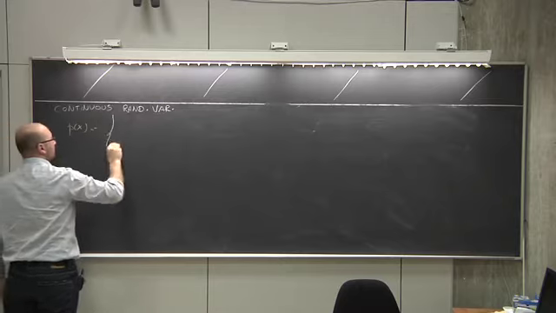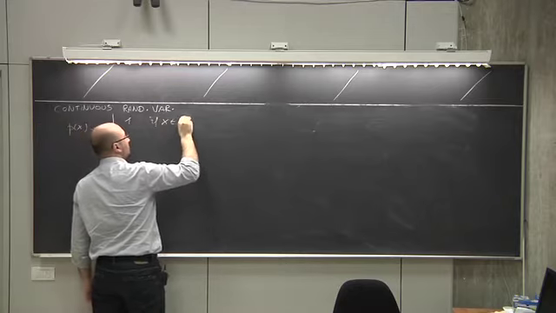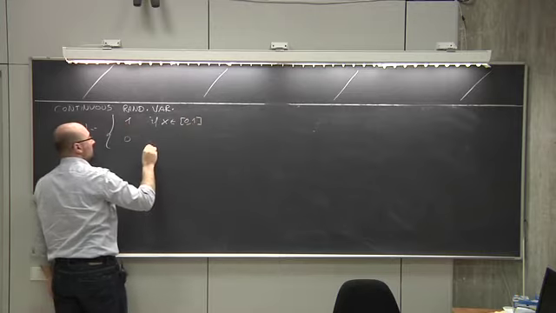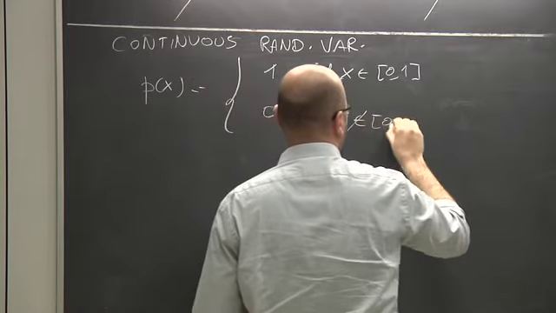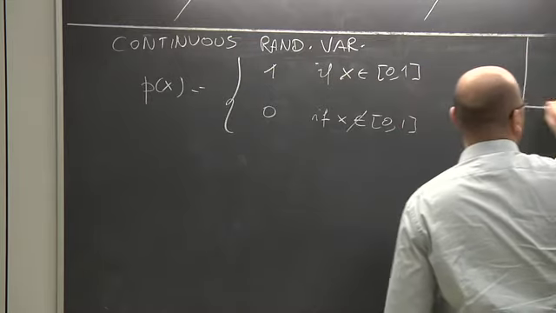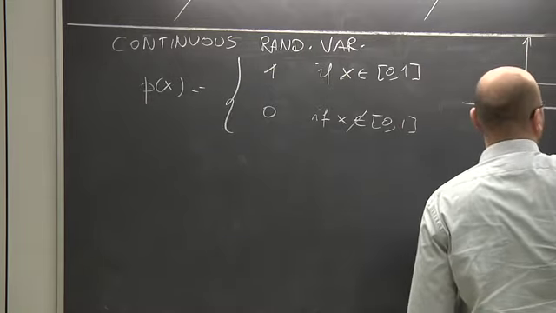P of x is equal to 1 if x is in 0, 1, and it's equal to 0 if x is not in 0, 1. Okay? So this probability distribution looks like this.